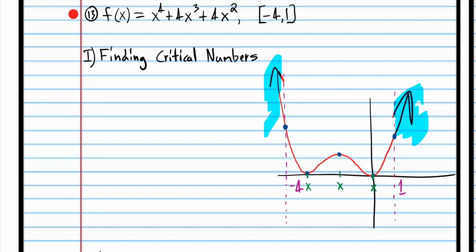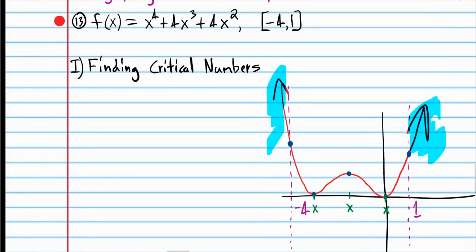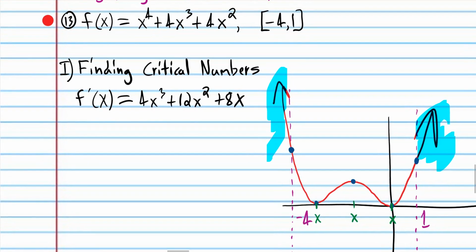Okay, so we need to find those green x values. Those x values are where the derivative is 0, but first we have to find the derivative, and set it equal to 0.